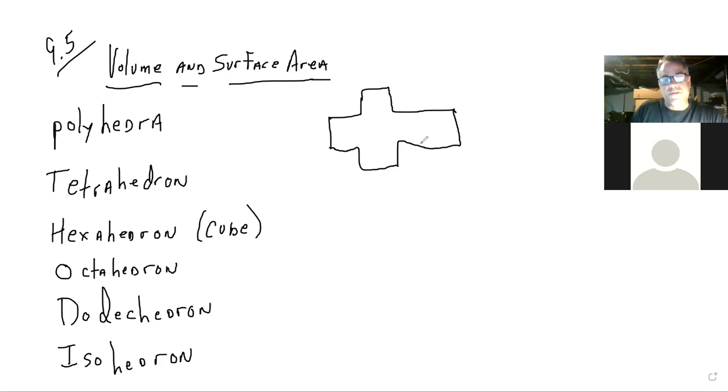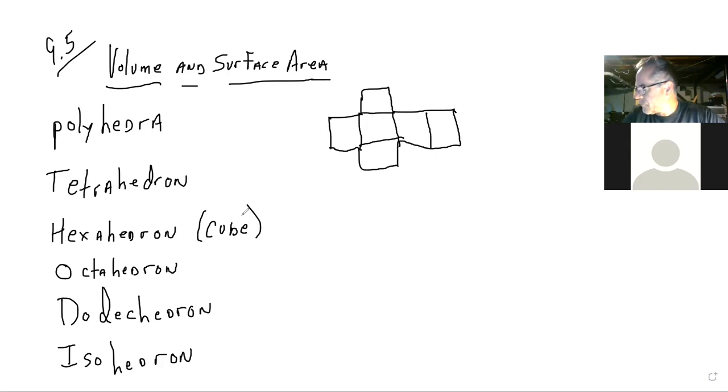Okay, so imagine these are all straight lines, and what we have are squares. So a net is laid out flat on a plane as such, but able to be folded to create one of these regular polyhedra. In this case, this would fold to make a hexahedron or a cube.